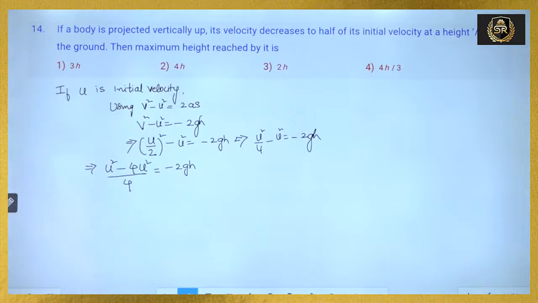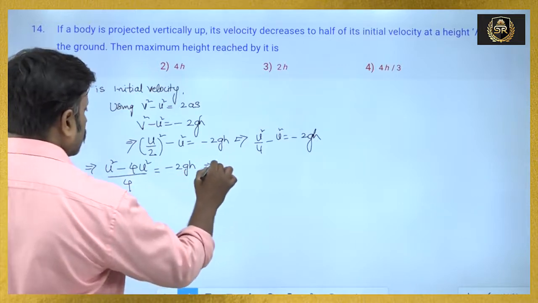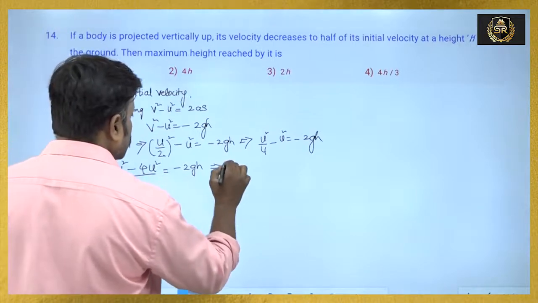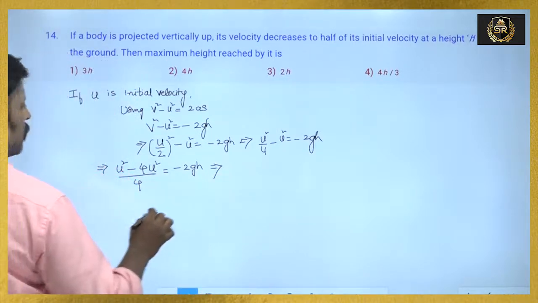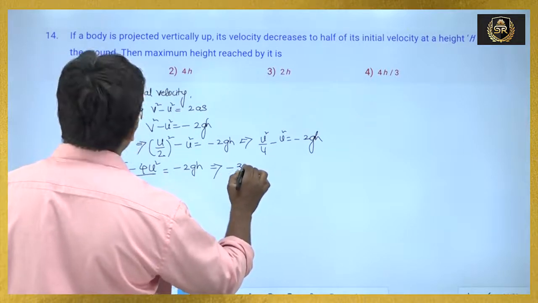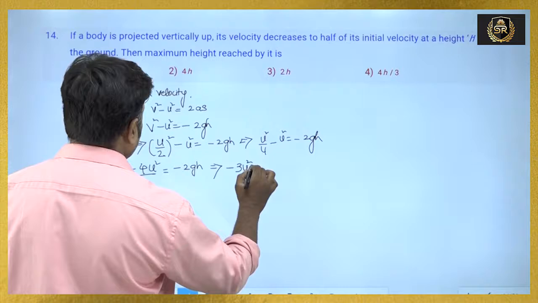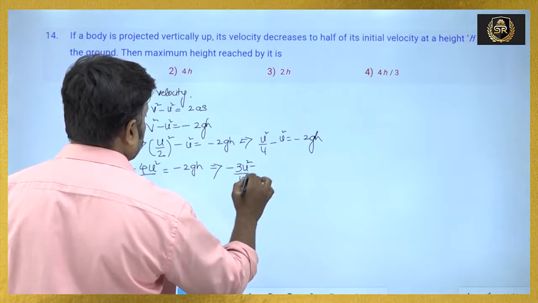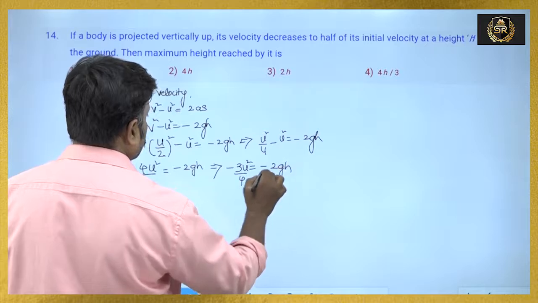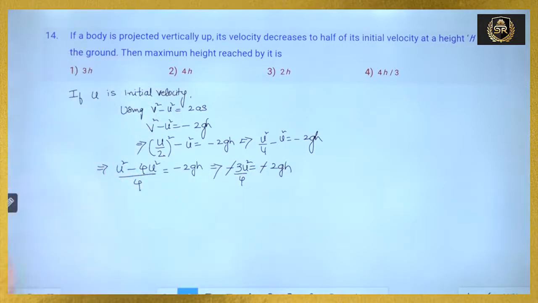Okay. From this, this becomes minus 3u square by 4 is equal to minus 2gh. You can cancel minus on both sides, right?